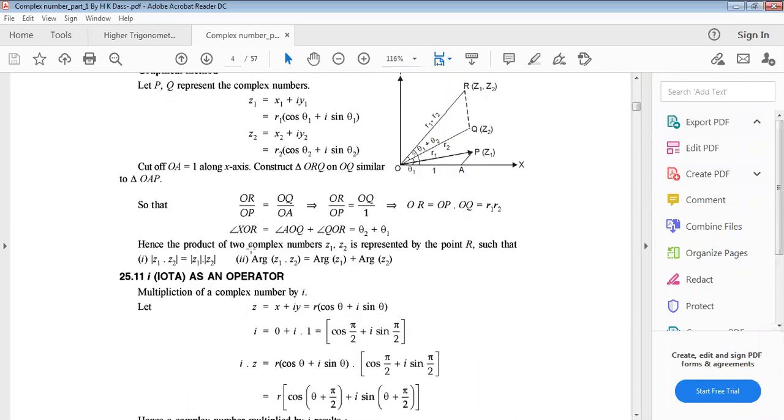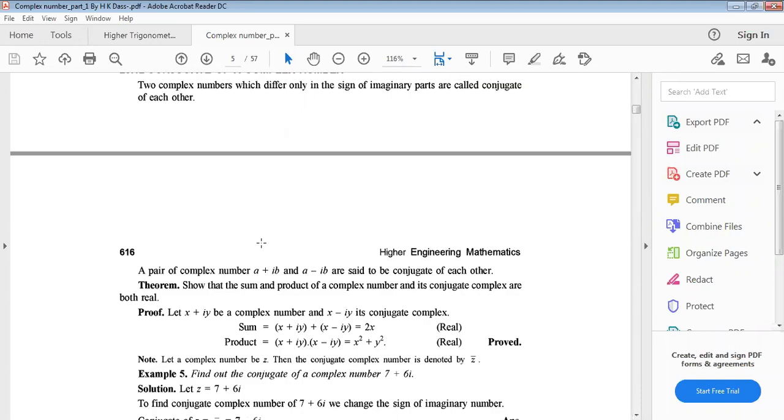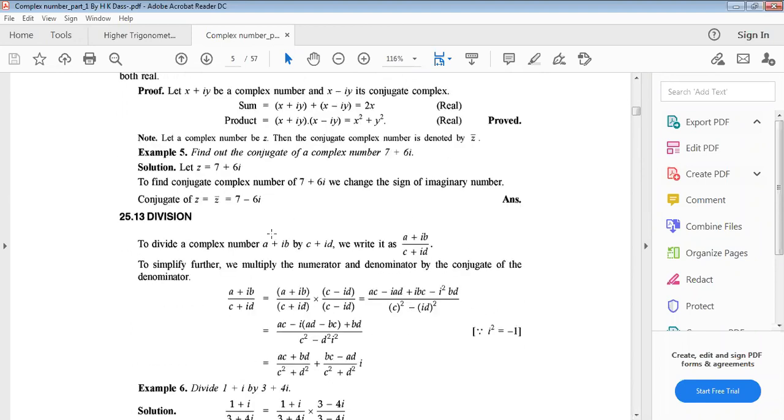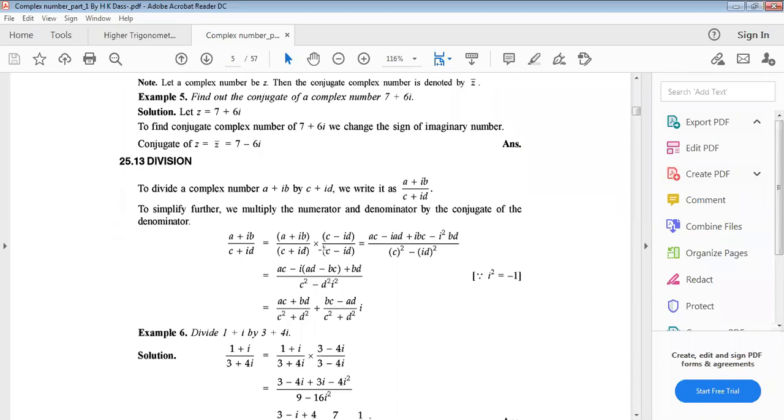Similarly, division also indicates that if we divide any two complex numbers, then the result will also be a complex number. Suppose a plus ib and c plus id are two complex numbers. Then if we divide a plus ib by c plus id, to use the a minus b formula we take c minus id in the numerator and denominator.